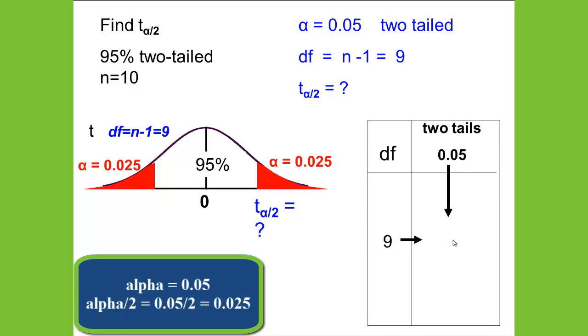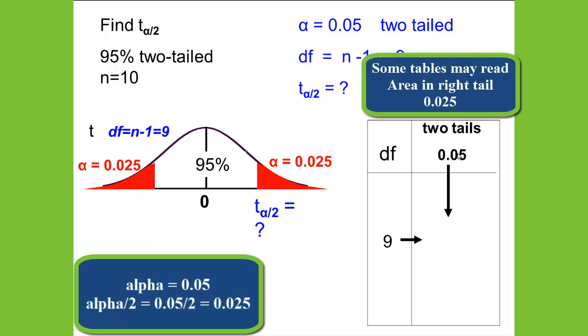You will go over until you see the two tails of 0.05, if that's the way your table is marked, or the area in the right tail of 0.025. My table that I happen to be looking at right now is marked as 0.025 in the right tail.